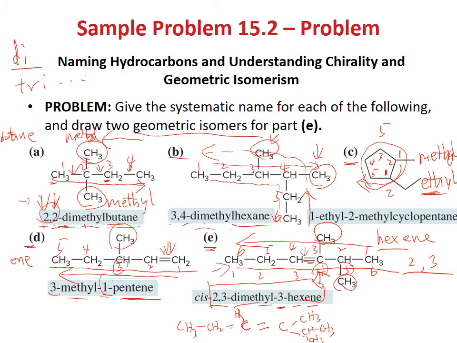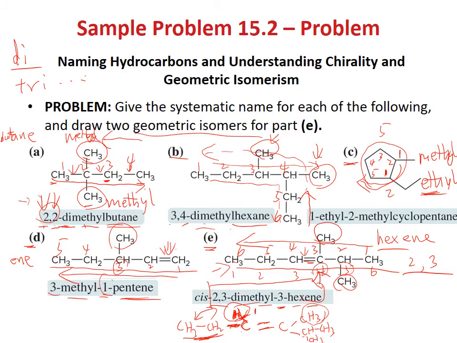So this carbon has a methyl and a hydrogen here. Because the double bond cannot rotate, the hydrogen and the methyl are in a fixed position. If you compare the two groups on the left side, one is an ethyl group and one is hydrogen. So hydrogen is smaller.